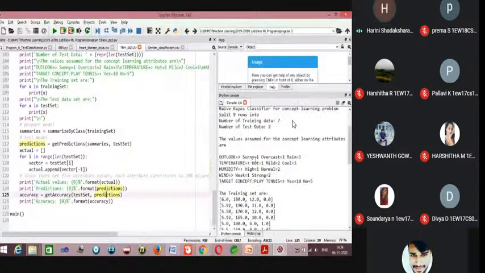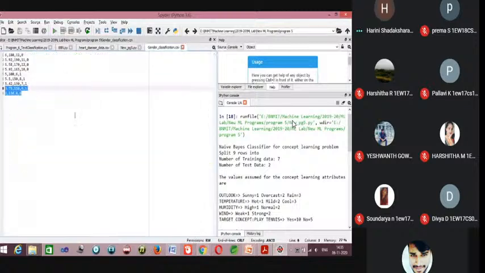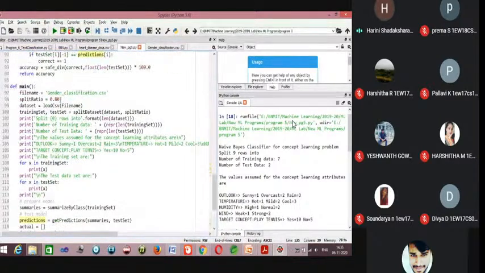Here you can see the learning program splits 9 rows. I showed you, I have 9 rows. These 9 rows I'm splitting into 7 training data and 2 testing data, because I had taken the def main.